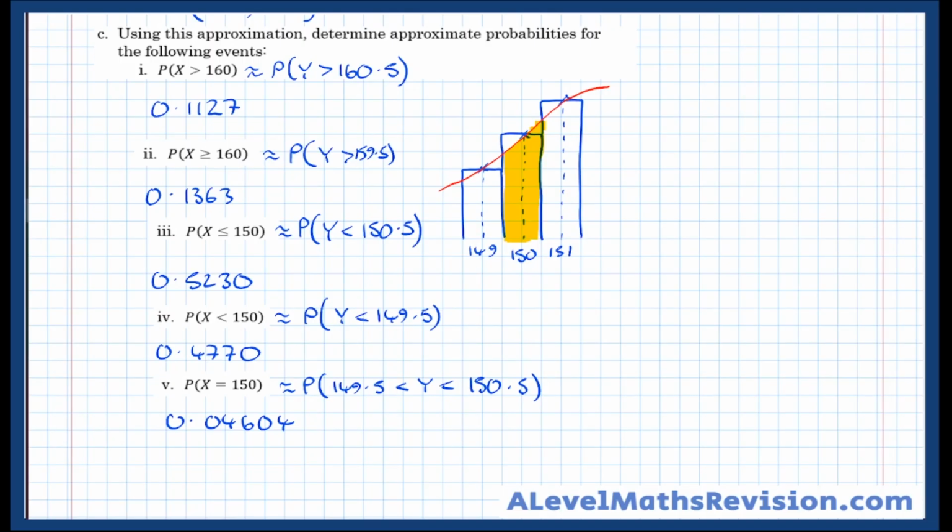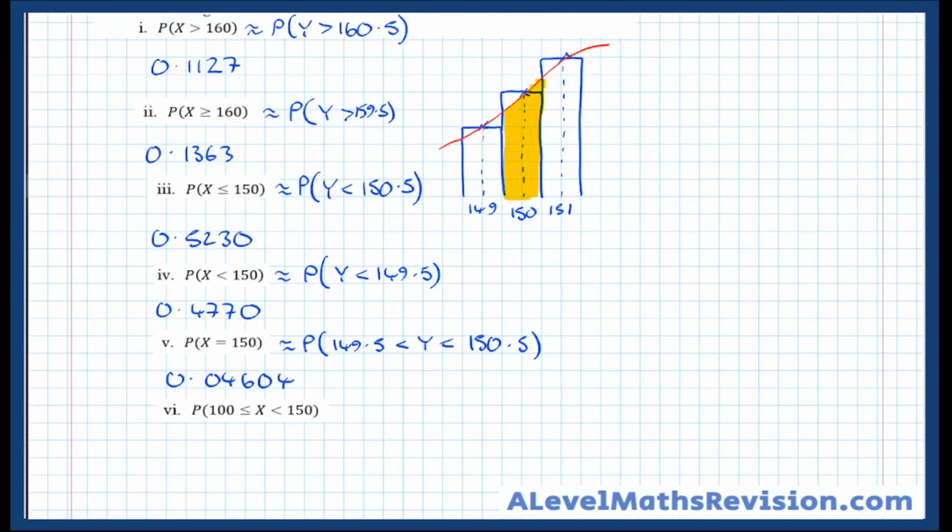And we'll do one more, and we'll try and do this without the aid of any diagrams. So it's the probability that x lies between 100 inclusively and 150 exclusively. So we want to include all of that 100 bar, so we're going to need to bring in extra area that's below 100 in order to add more area on. So it's approximately equal to, so we should use 99.5 as the lower bound.